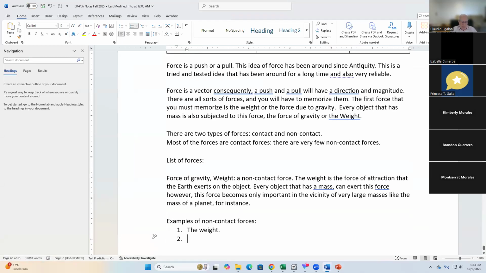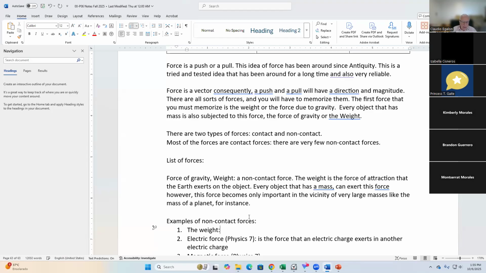Another non-contact force is the magnetic force. Everybody has worked with these magnets. And that's going to be covered in Physics 7. But before covering magnetic force, we cover another force called the electric force, also in Physics 7. It is the force that an electric charge exerts on another electric charge.